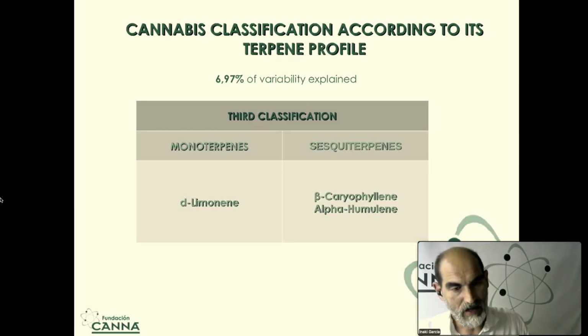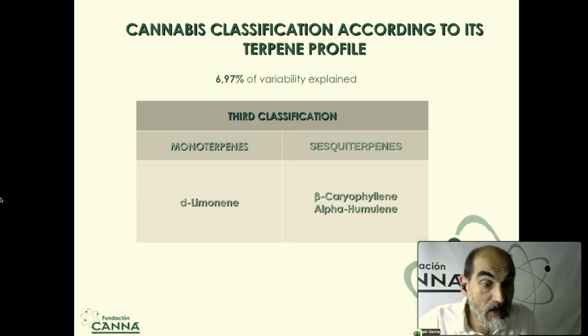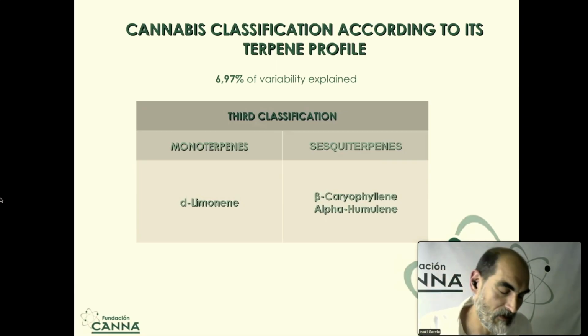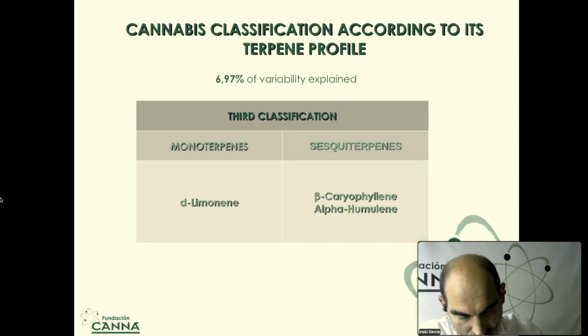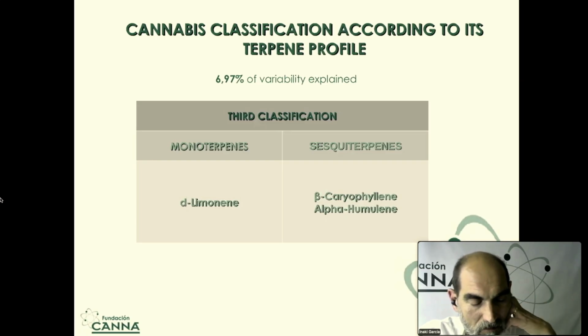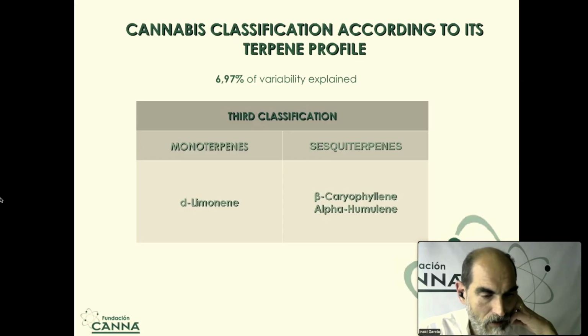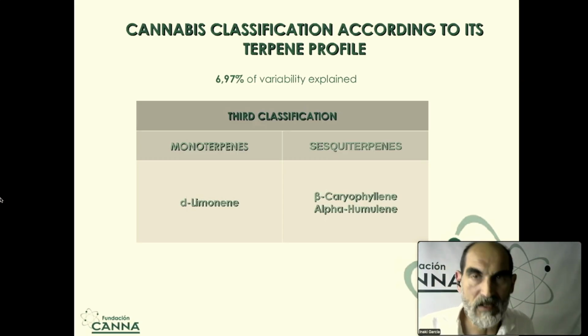Well, we have this classification. Maybe we cannot do a lot with that. Something interesting is about myrcene and alpha-pinene, because it's the same that Casano and Grassi found. But what can we do with this classification?